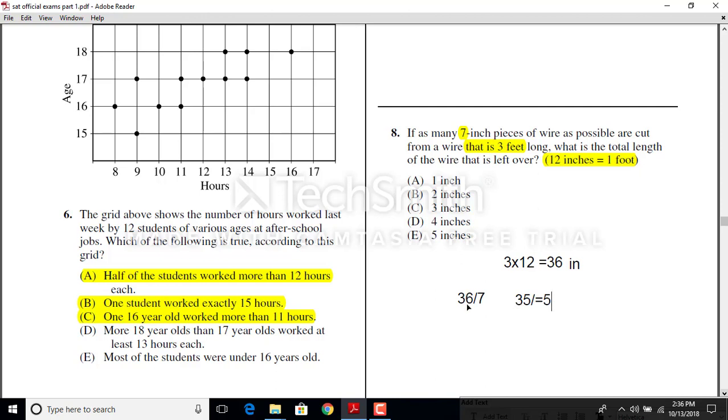What's the remainder? 36 became 35, so the remainder is 1. The question here is, what is the total length of the wire that is left over? Okay, the leftover length of wire is going to be 1 inch. So your answer will be A.